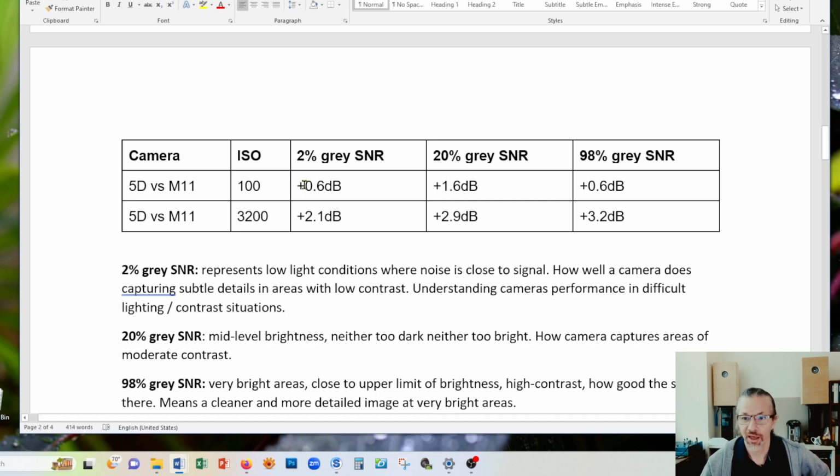So highest ISO that the 5D can handle, lowest ISO that the 5D can handle, the low light, low contrast situation, high light, high contrast situation, and mid light, mid contrast situation. In all of them, the 5D sensor per pixel captures more information than the Leica M11 sensor. This is just absolute bonkers, I think.